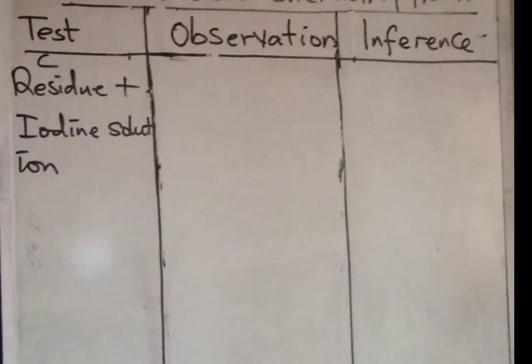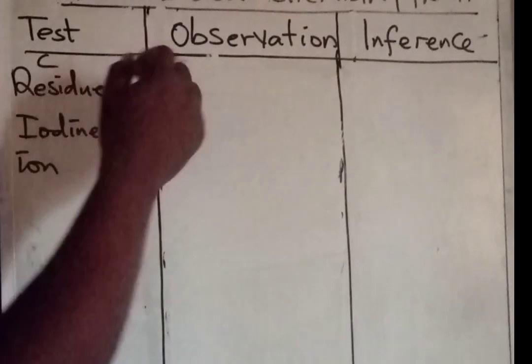Next is the test for starch. This is a popular test that involves adding iodine solution to the residue, because starch is not a polar compound, so there's no way it will break up into ions. We only need to add the iodine solution to the residue obtained after the filtration.